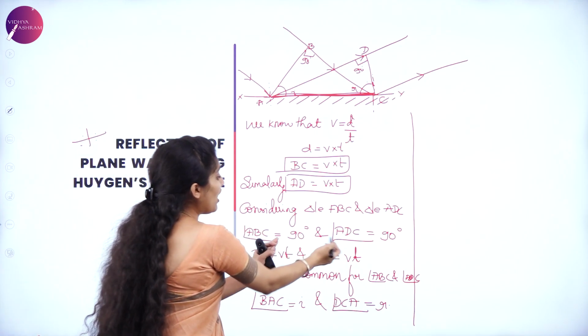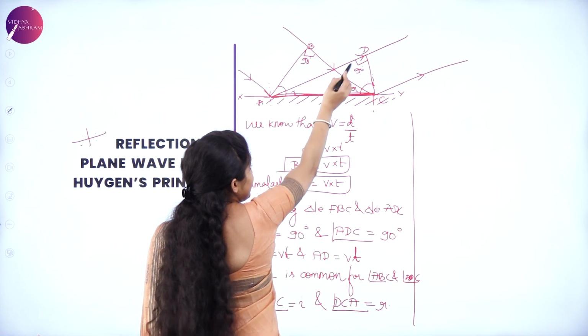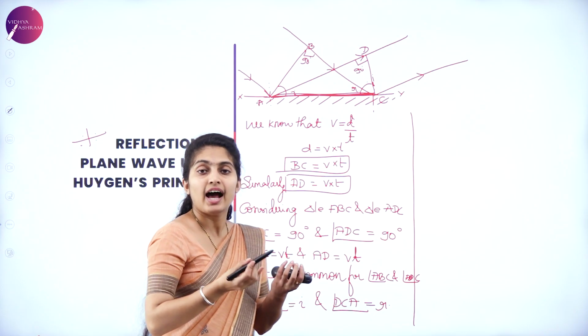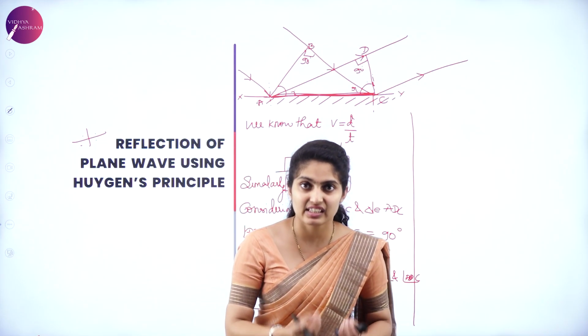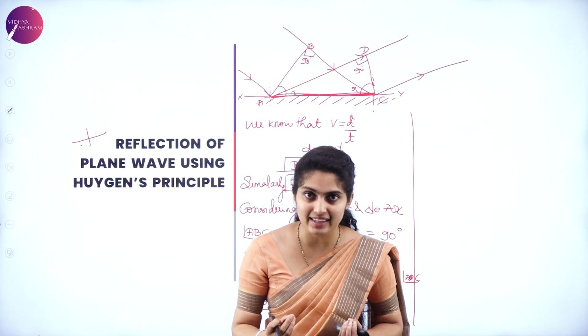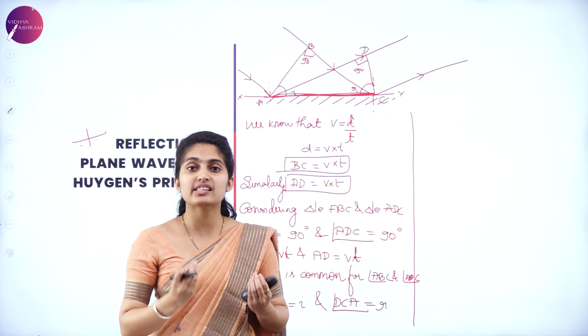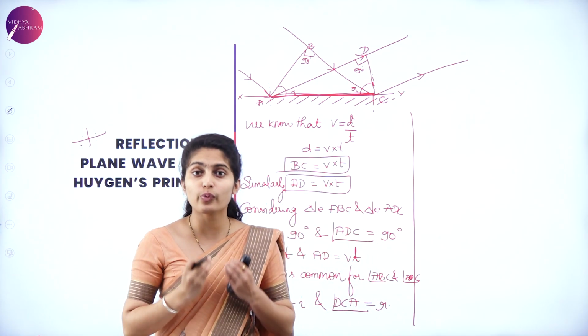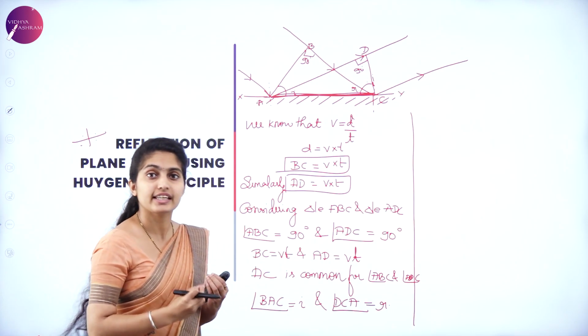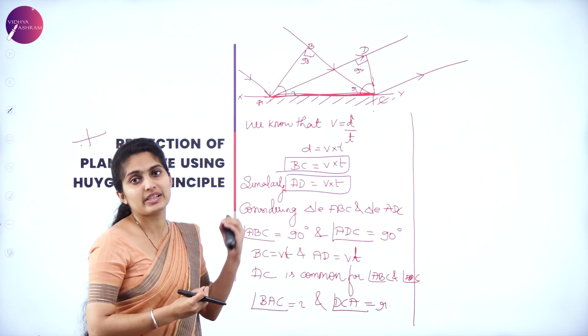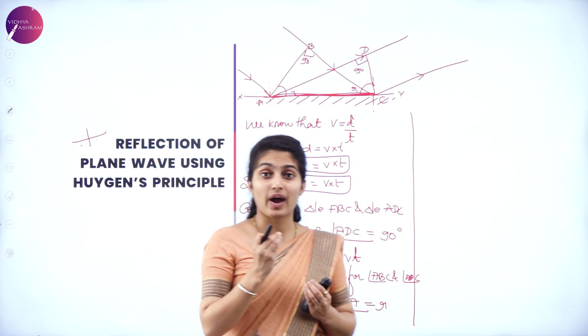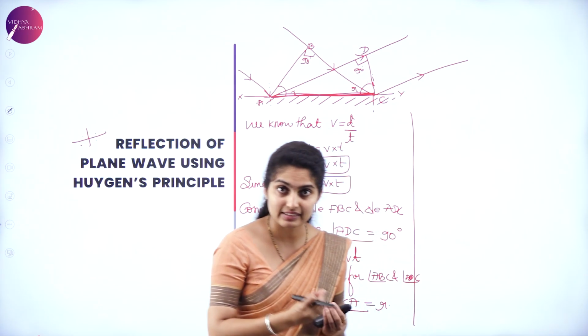So all are equal. This triangle is equal to this triangle and we have a common base, because of which we can say that triangle ABC is congruent to triangle ADC. This proves the congruency of the triangles, what you actually study in mathematics, right?